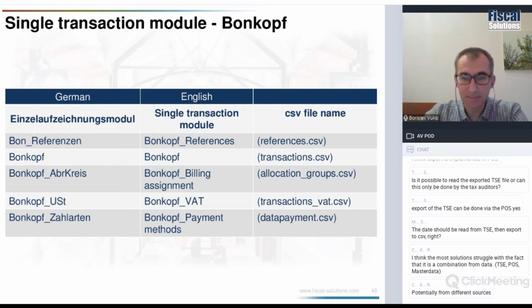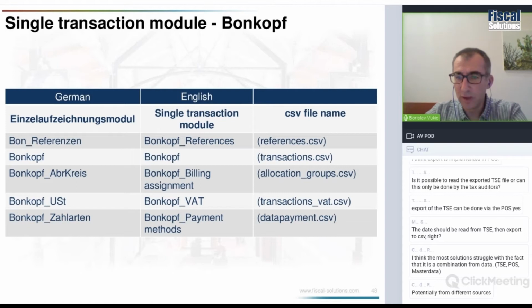BON-COP tables are on the next slide. BON-COP contains general information including operation and customer data, and a description of the receipt type. There is also the total receipt tax per VAT rate.